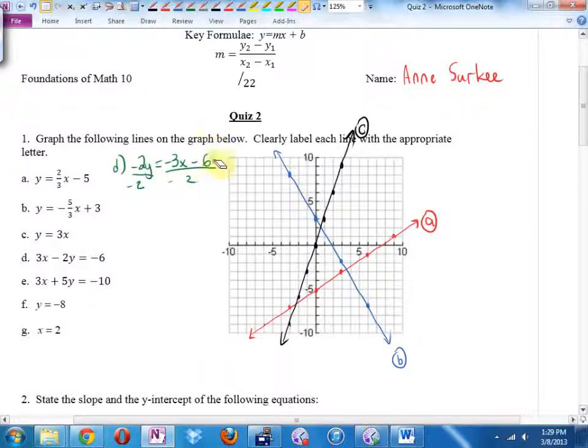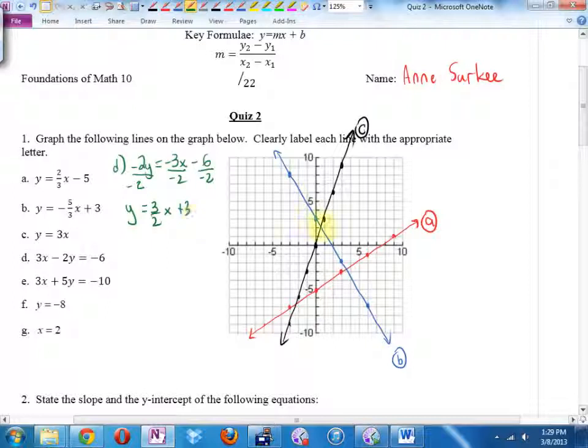I find it's really worth it to say, you know what? Divide by -2 and divide by -2, because then I get y equals, what's a negative divided by a negative? That's a positive 3 over 2x. And then I have a -6 divided by -2. That's a positive 3.